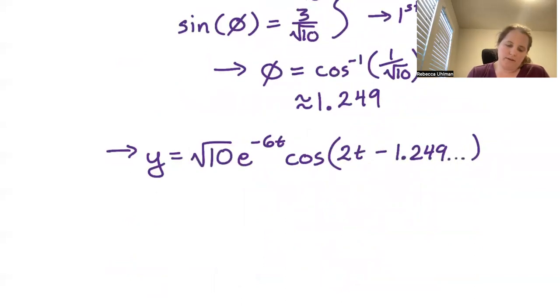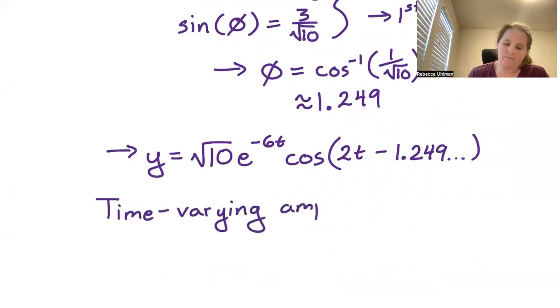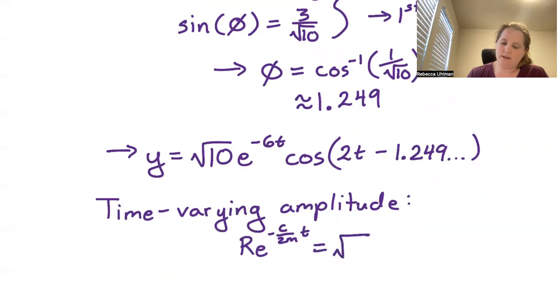So our time varying amplitude, this is that r e to the negative c over 2m t. This is just square root 10 e to the negative 6t.